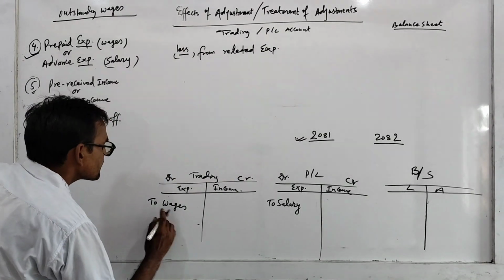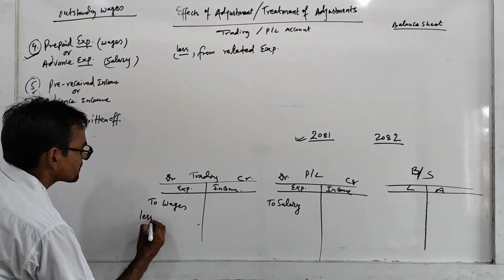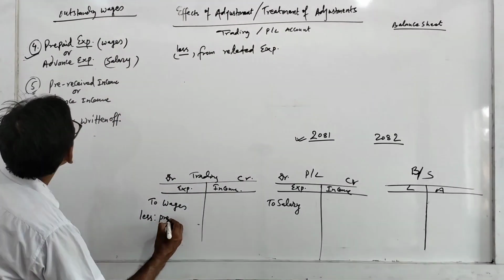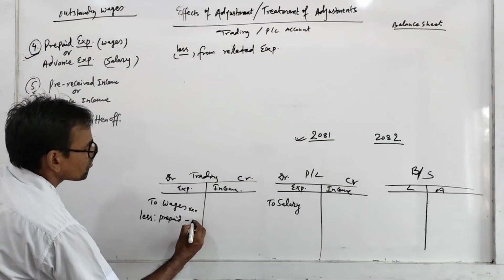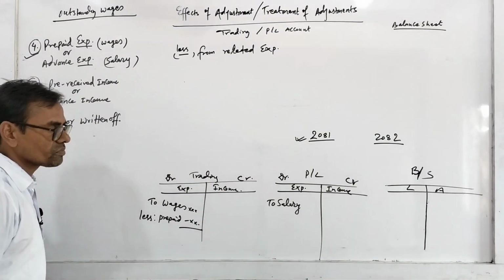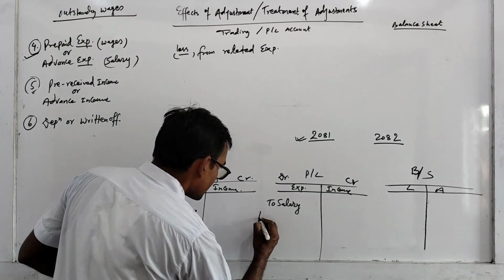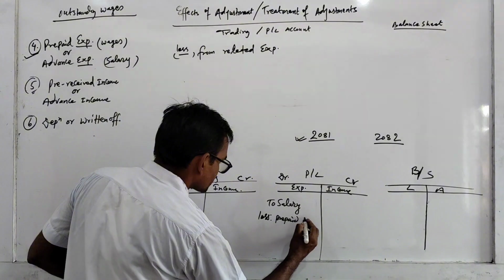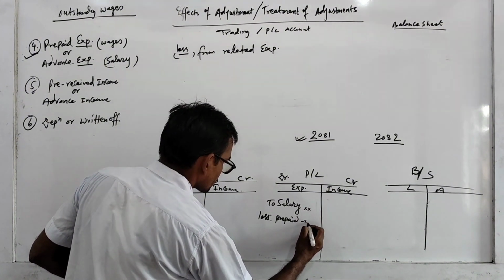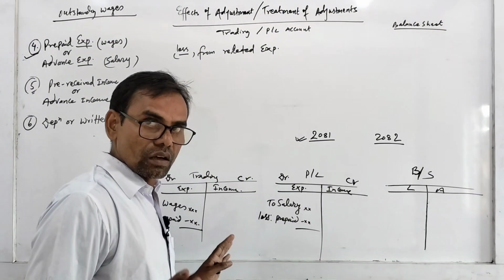If it is wages, here you have to less prepaid, and if it is salary, here you have to less prepaid. Understand?